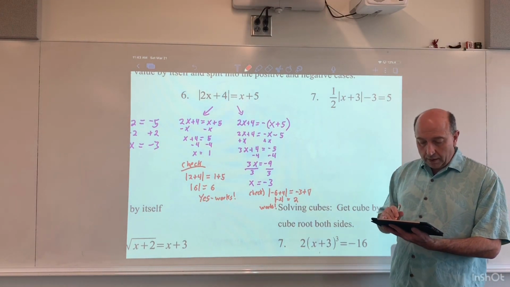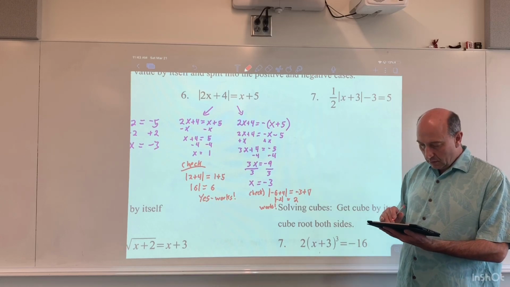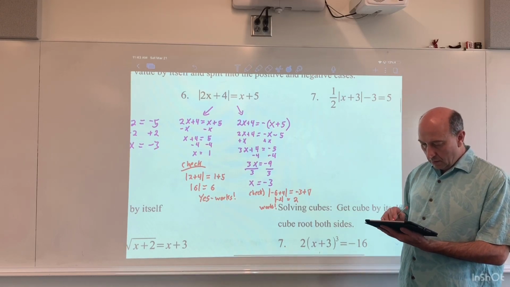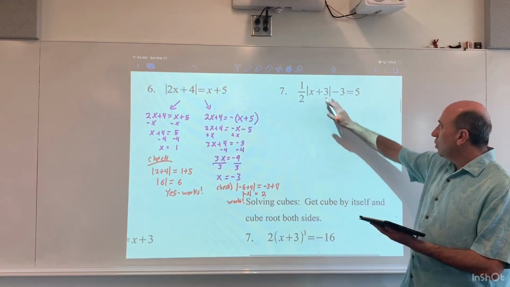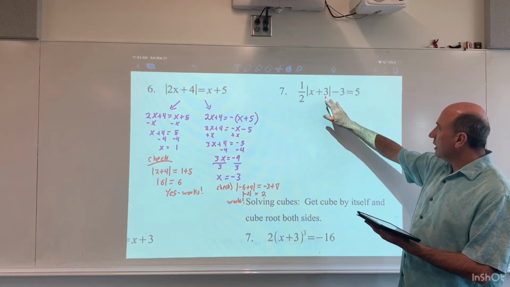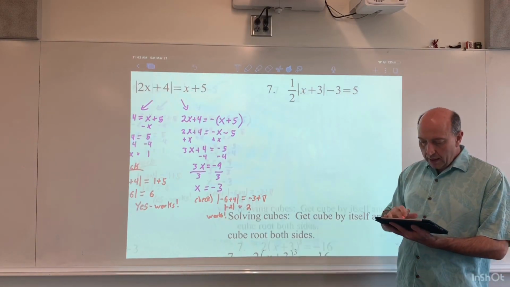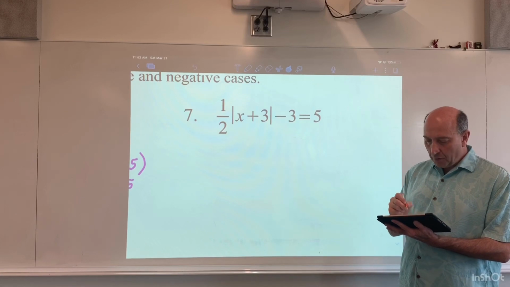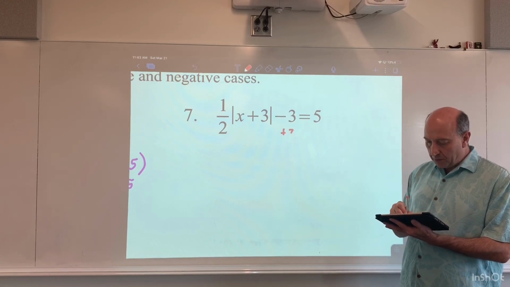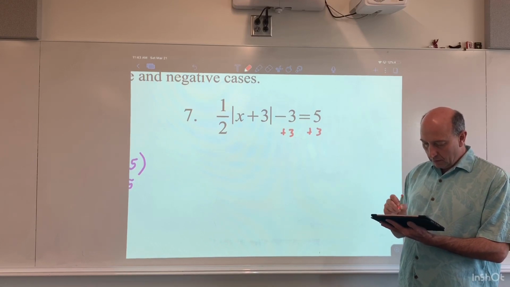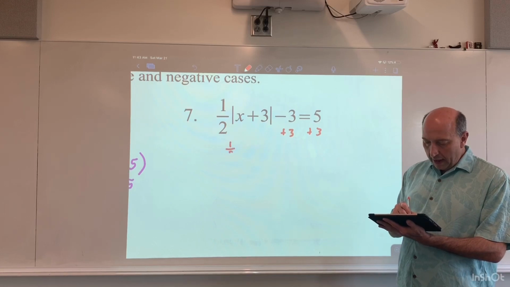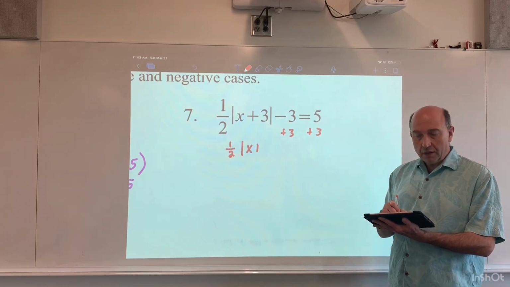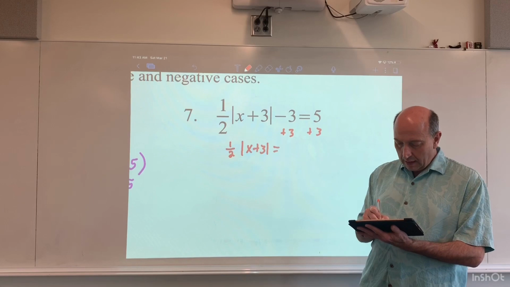Now the last one, the absolute value is not by itself. So here, we will add 3 to both sides. We want the absolute value by itself. So we get 1/2 times the absolute value of x plus 3 equals 8.